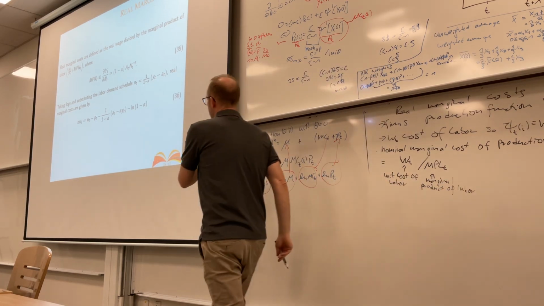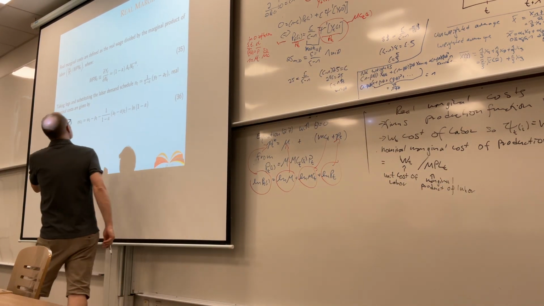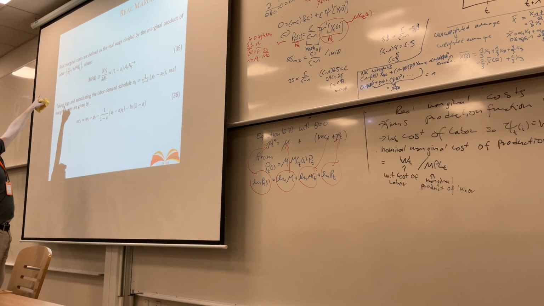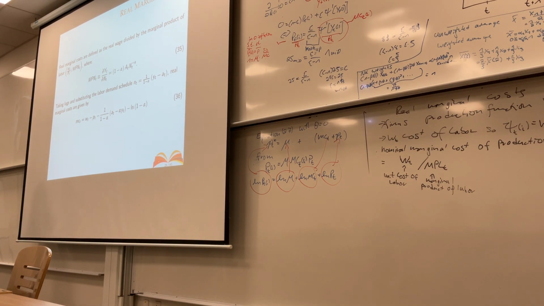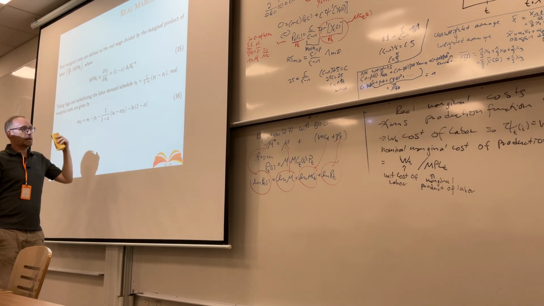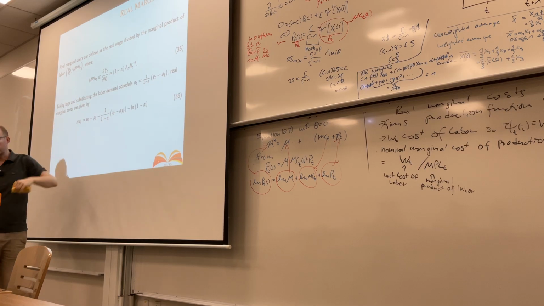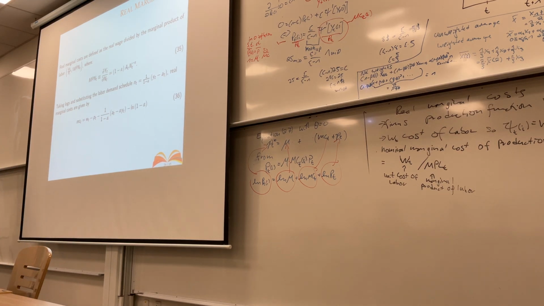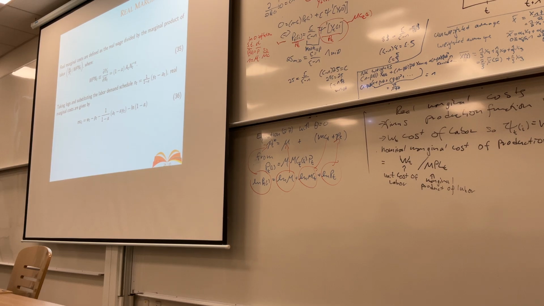And of course, to get the real marginal cost, we divide through by the price level. So we take the real wage divided through by the marginal product of labor. The marginal product of labor is to take our production function and take the derivative with respect to labor.